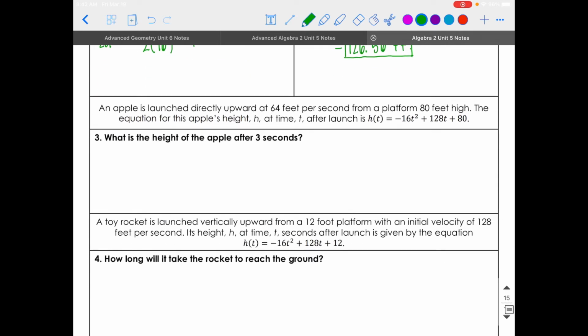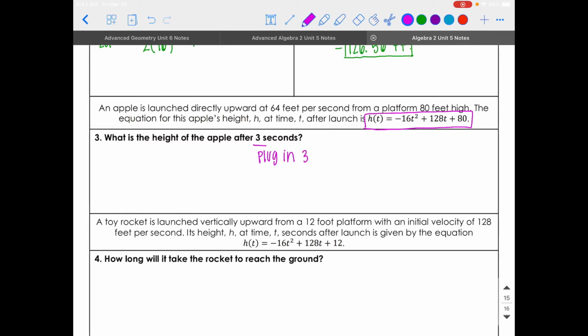All right, next one. An apple is launched directly upward at 64 feet per second from a platform that's 80 feet high. And here's the equation. What is the apple's height after 3 seconds? So this is the one where we just plug in 3.